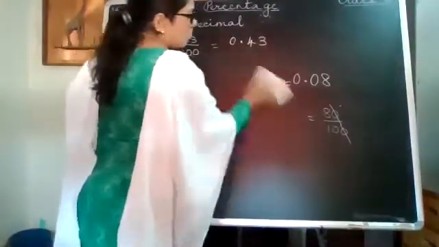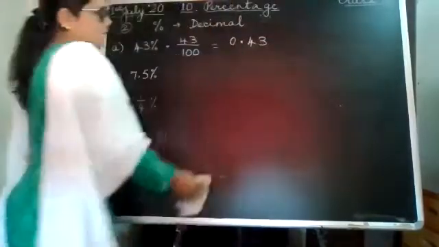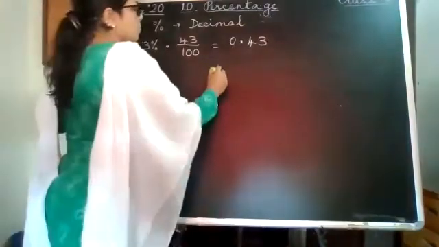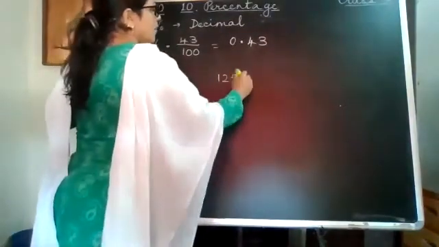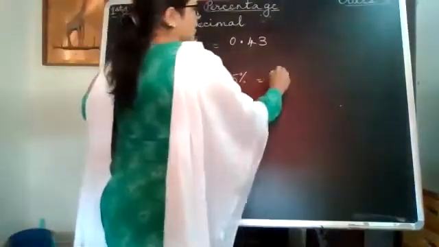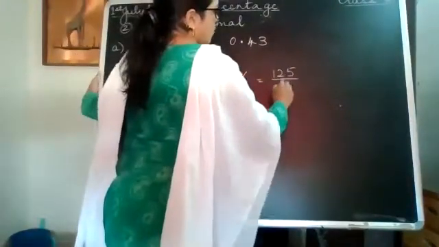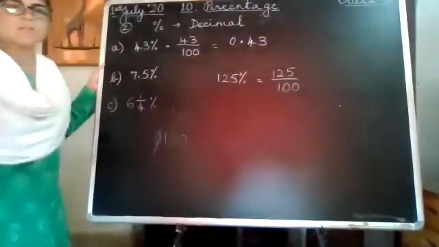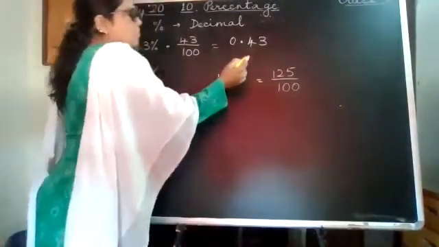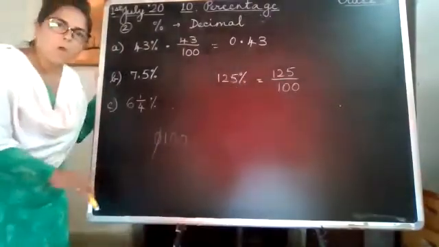What if there are more than 2 digits? So I taught you 1 digit and 2 digits. What if it was 125%? First of all, how do we write it as a fraction? 125 upon 100. You should be able to write this without much thought. 125% means 125 upon 100.